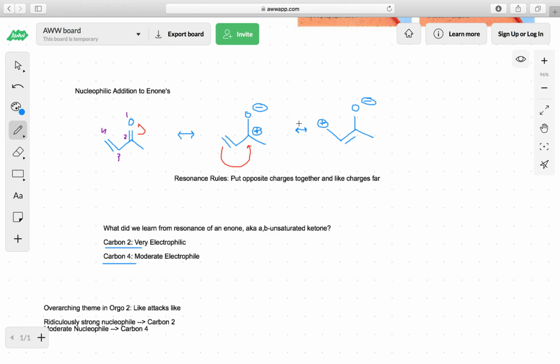So if I had two positive charges, I want to separate them. Here, because they're the same, I want to keep them close together. Because of that, this contributor over here is more important than this guy. So in this blend of structures, it's going to spend more time over here than in this third structure. And because of that, this positive charge will reside on the second carbon more often, making it a better electrophile.